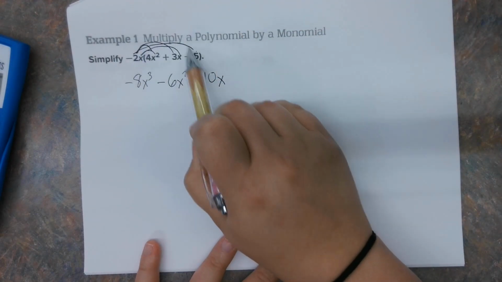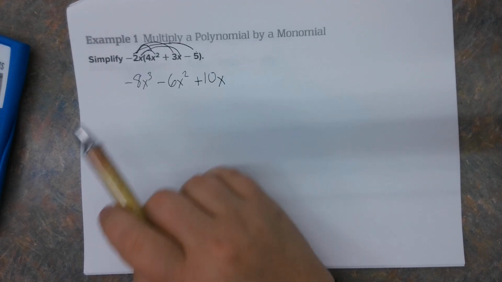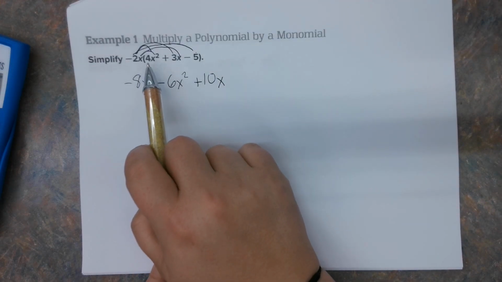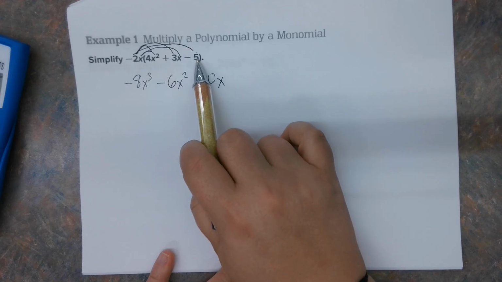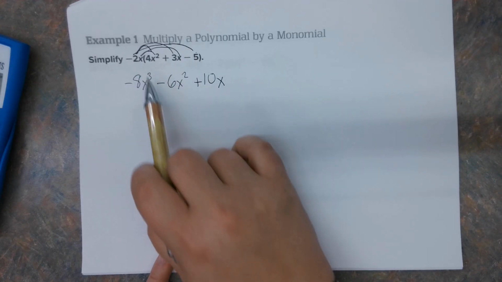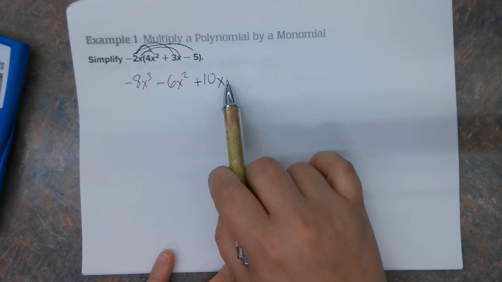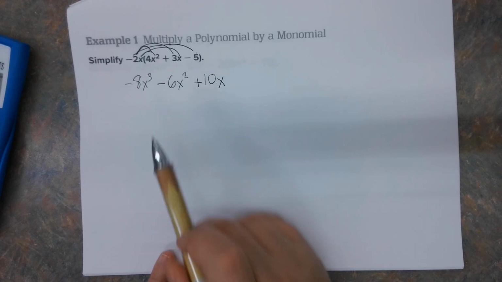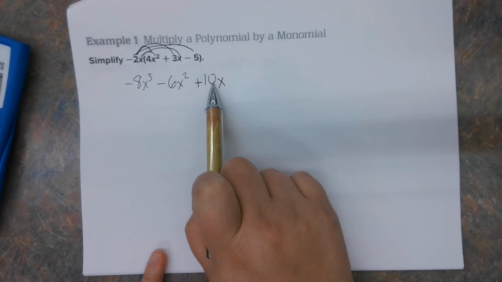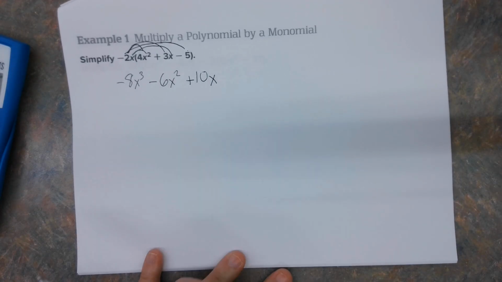So I know it got sloppy when I was drawing all the lines, but I wanted to show you it is the number times the number and then the variable times the variable each time. So this one didn't have a variable, but because we have a variable in the monomial, we end up with the variable in our answer. And notice this is set up in standard form, 3, 2, 1.